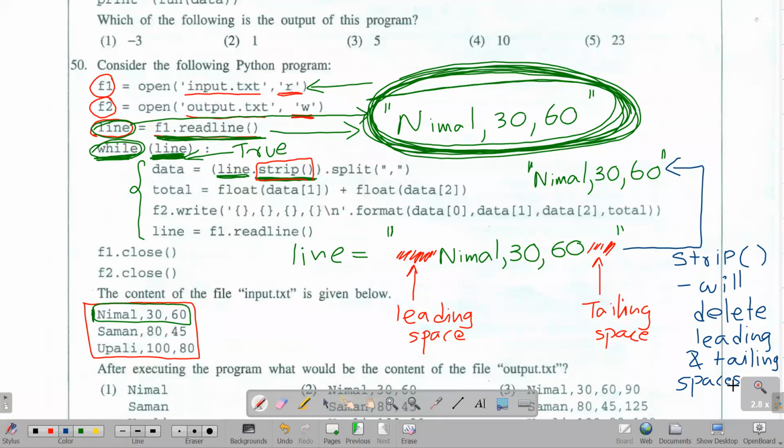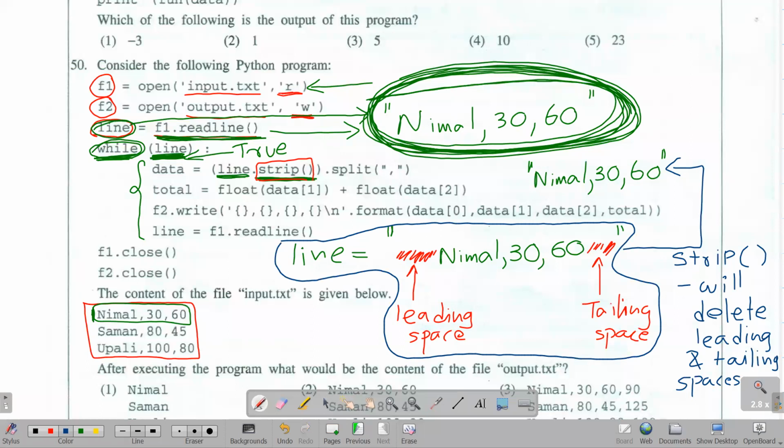Earlier the line is like this, and now the line is like this. This is how the line looks.